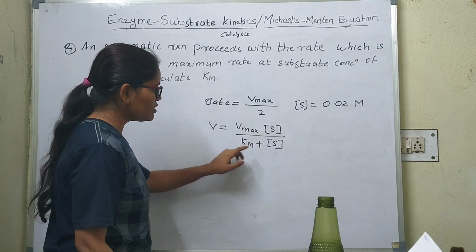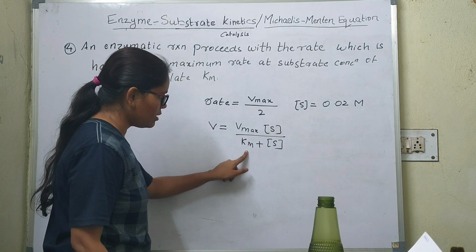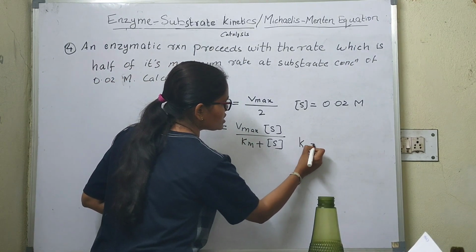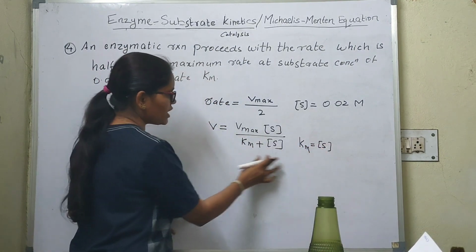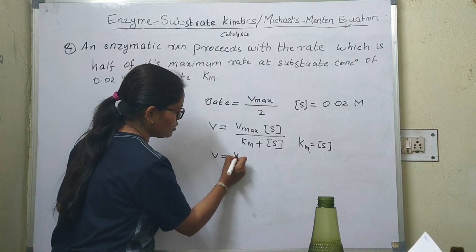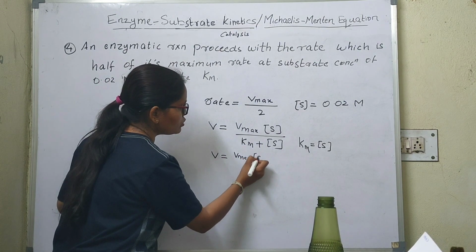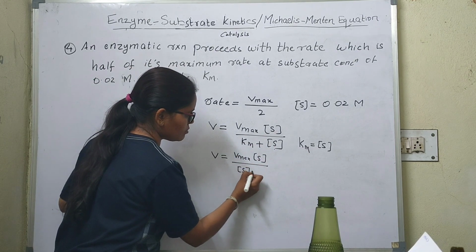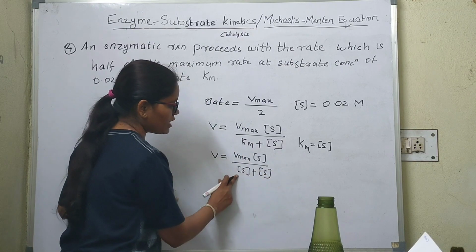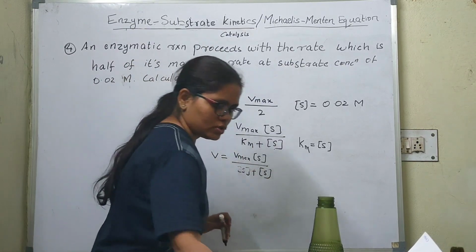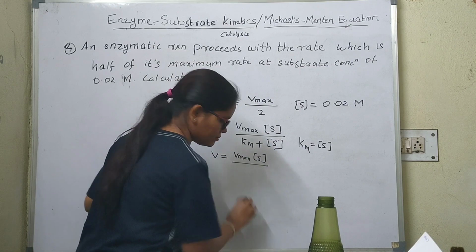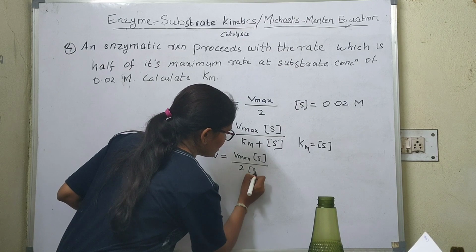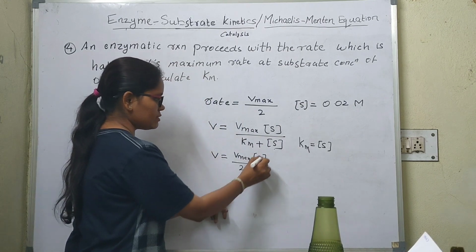Now we have to find when this rate becomes Vmax by 2. Suppose I take the Km value equal to the concentration of substrate. Suppose Km is equal to S, then what will we get? V is equal to Vmax into S by S plus S. That becomes 2 into S. Now I can cancel the substrate concentration.